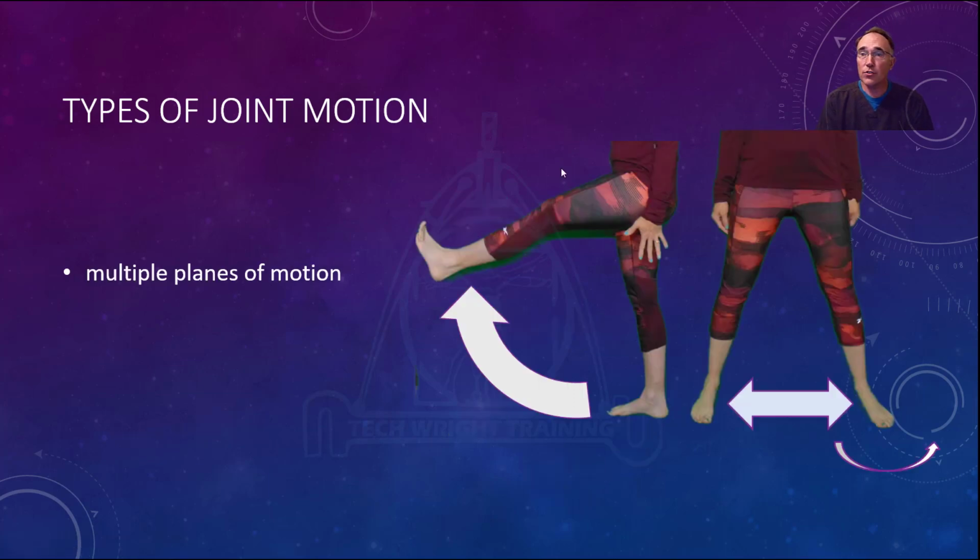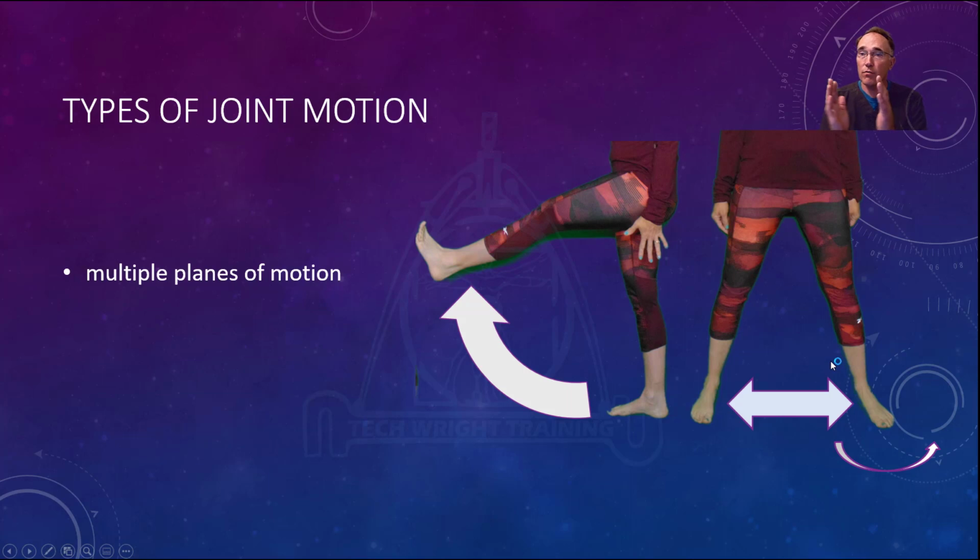So some joints don't just work in a single plane, they can also have motion in multiple planes at once. So the hip is a great example of this. The hip can be brought up like this and be brought back down to extend it. So we can flex and extend the hip in the sagittal plane. And then in the frontal plane, we can bring our feet in or we can bring our feet out.